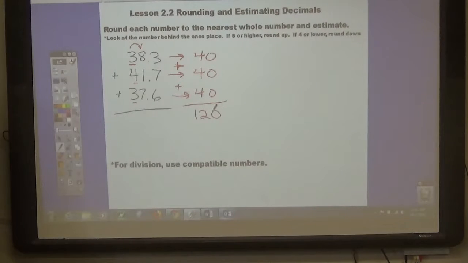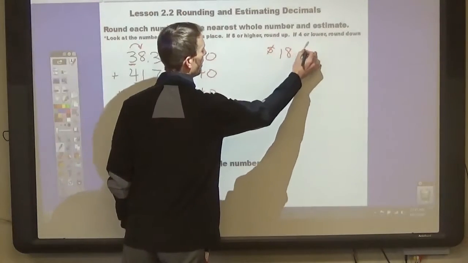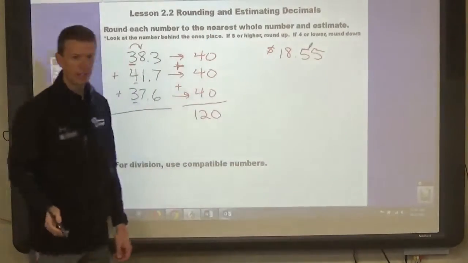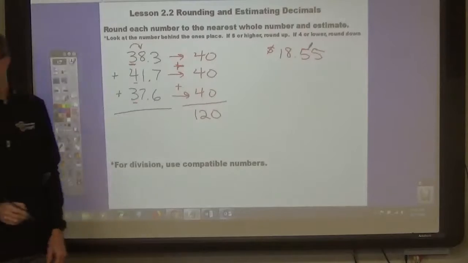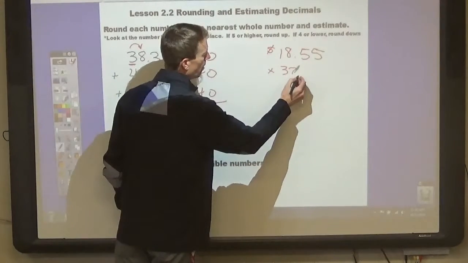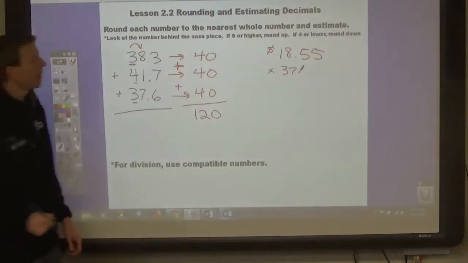Now, when you're multiplying, let's say that we are multiplying and estimating one like this, $18.55 times 37.5.